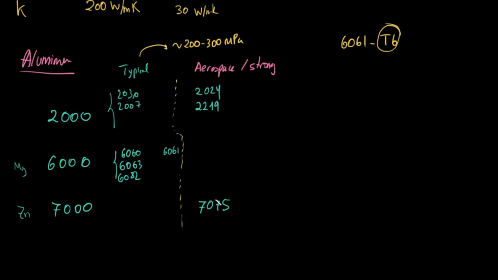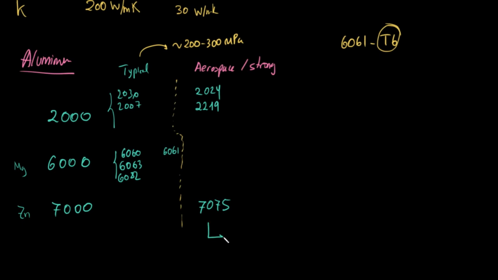This alloy is way above the ultimate strength of these. Okay, that's quite above these ones as well. So these alloys, by the way, the price is kind of similar, although with the 7075 you're going to see it's way stronger.